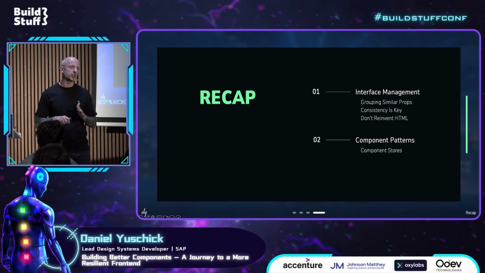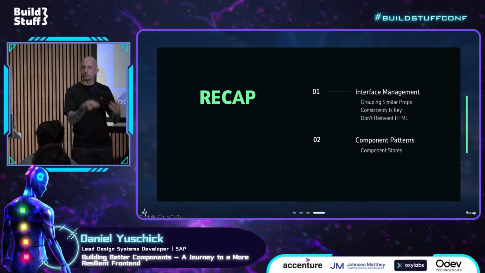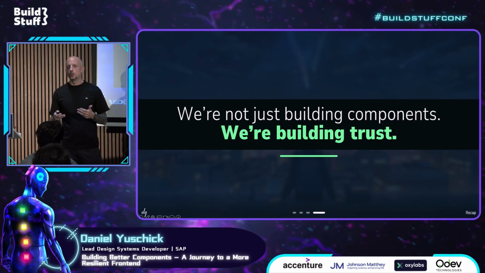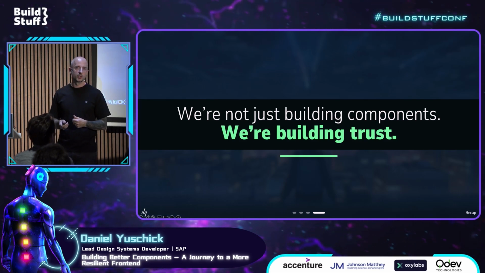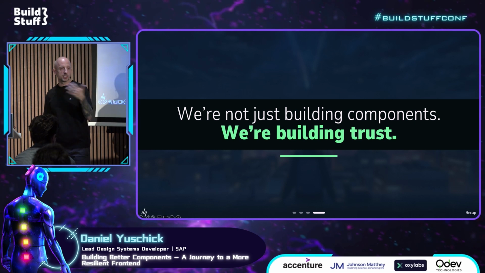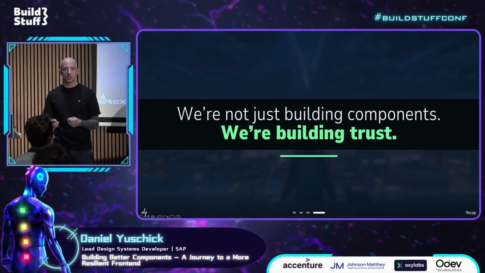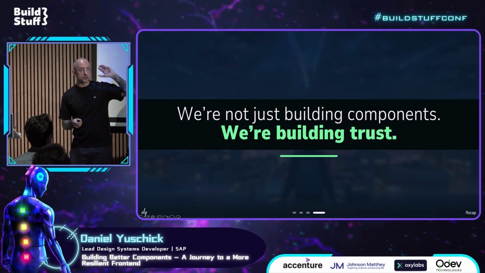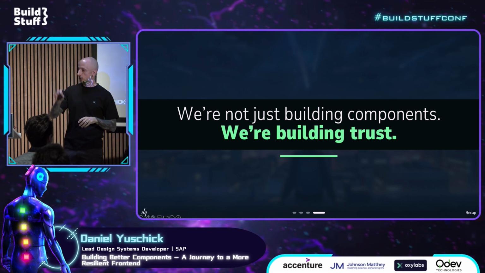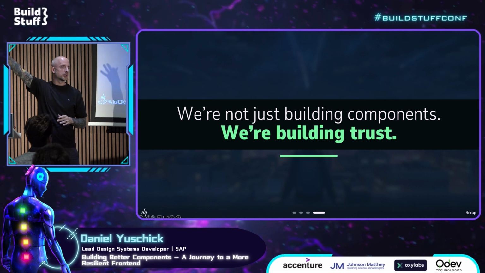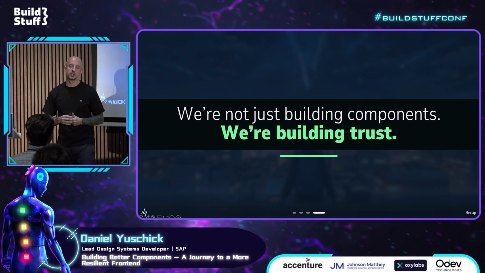The one thing I do want to stress again, I mentioned it a couple times, is that we're not just building components here. We're very much trying to build trust. There needs to be trust between teams, that what is designed is what's developed, that the main problem that the product owner is trying to push down is what's being designed, is what's being developed, is what's actually sent and received and used by the people using your product.